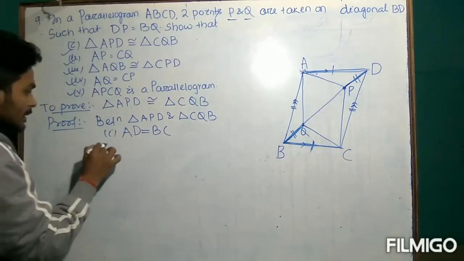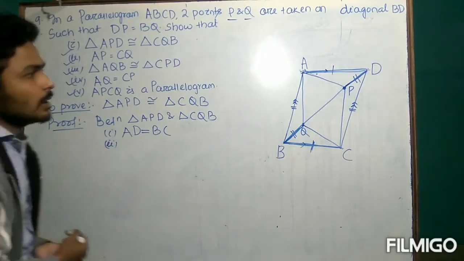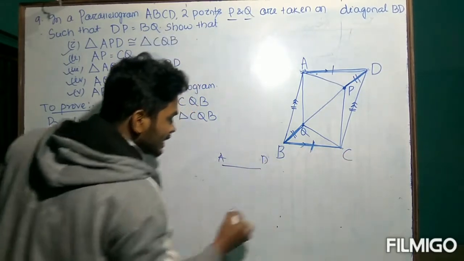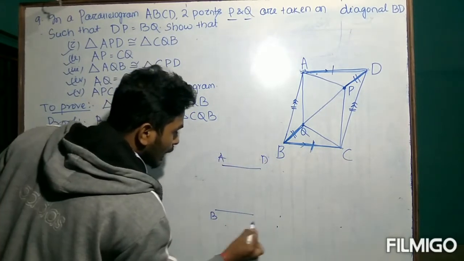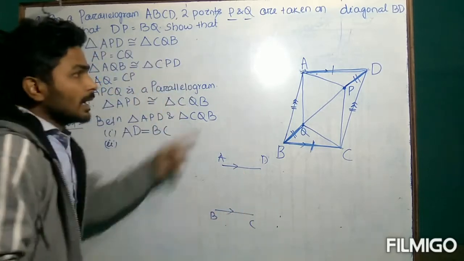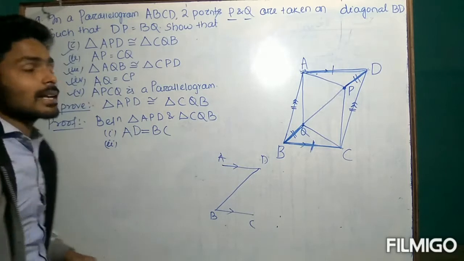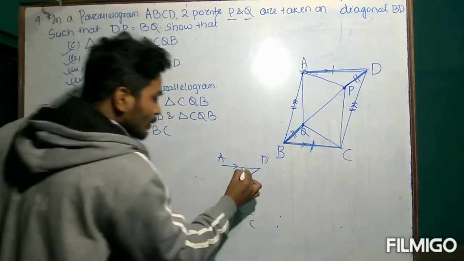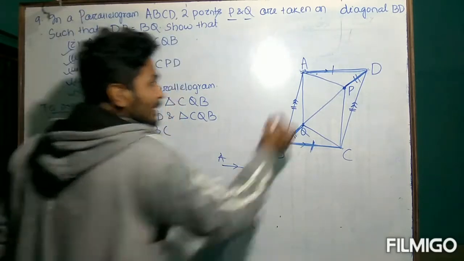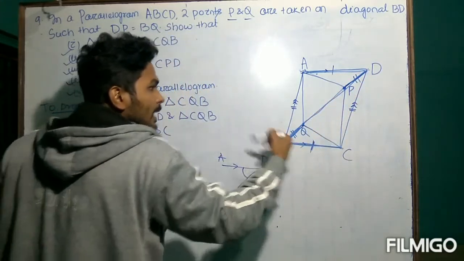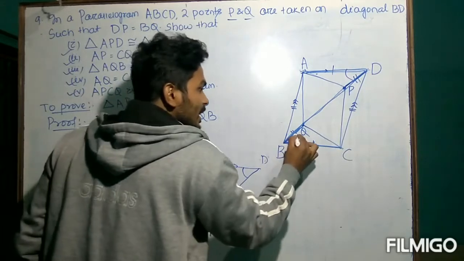Okay. Next, just consider AD and BC as two lines, and we know these two lines are parallel, and BD is a transversal line. So what is the relationship between these two angles? AD and BC are two parallel lines, and BD is a transversal line. Then what is the relationship between this angle and this angle?